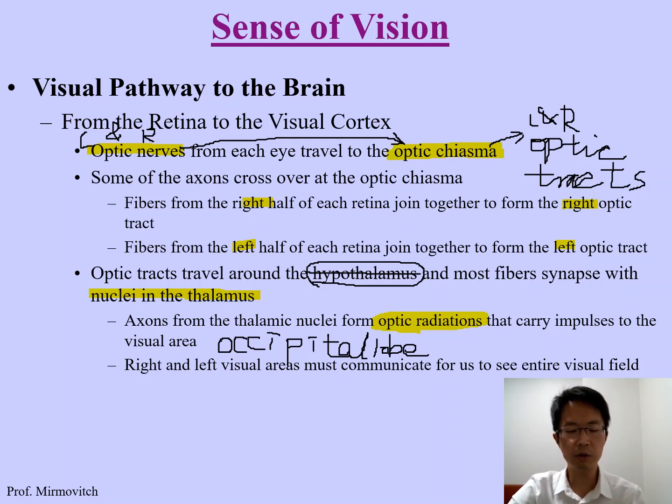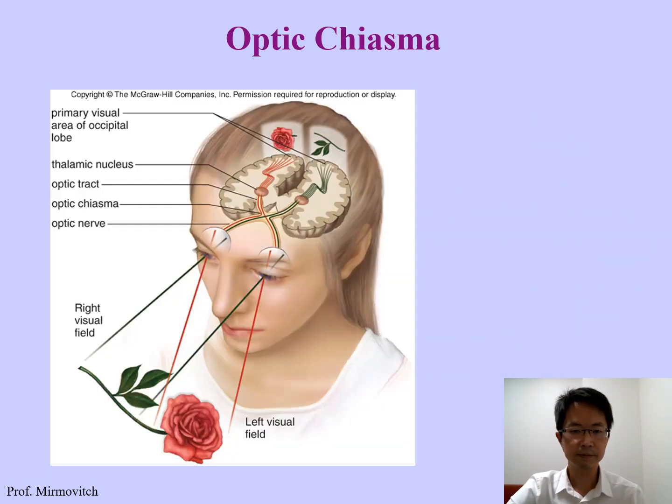It is what we call the primary visual area, V1. Primary visual cortex or primary visual area. So that is V1. V1 is located in the occipital lobe. Yes, you can see that it is a good outline here.